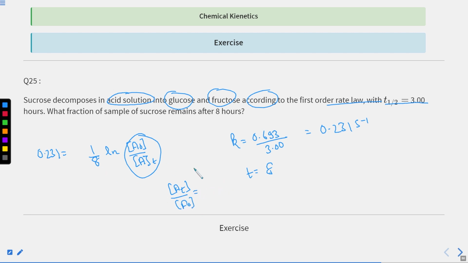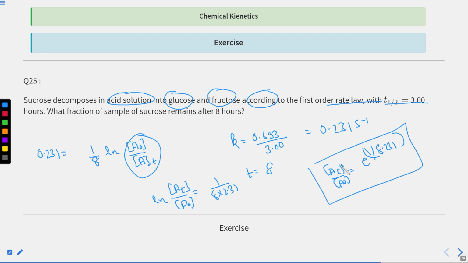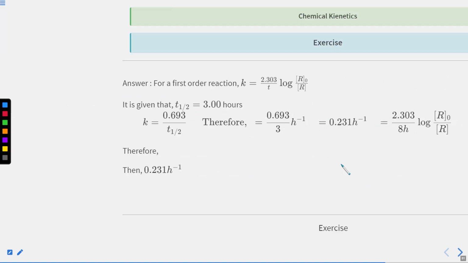If you just cross multiply, you will get 1 by 8 into 0.231, or we can write it as ln At by A naught is equal to e to the power of minus 8 into 0.231. Just calculate this thing, and you will get the fraction of your sucrose.